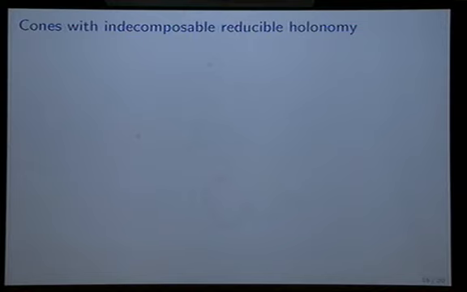Such a classification exists only for Riemannian metrics and for Lorentzian, and nothing more. So for arbitrary signature, there is no such classification, so it's a difficult problem, and we have to make some assumptions in order to obtain some results.